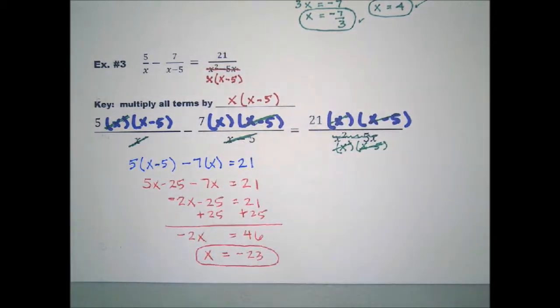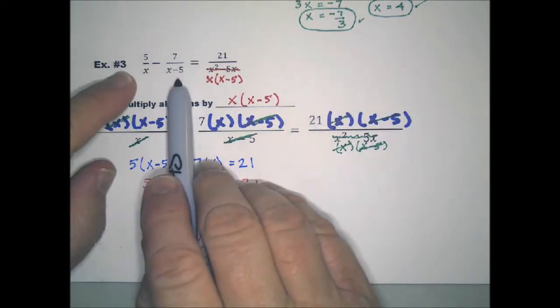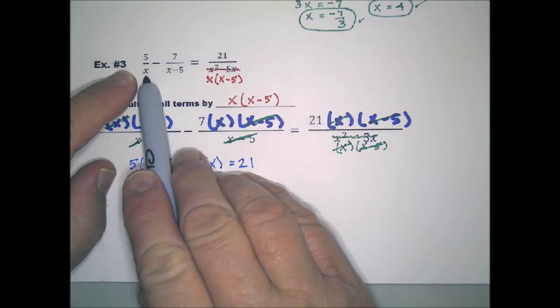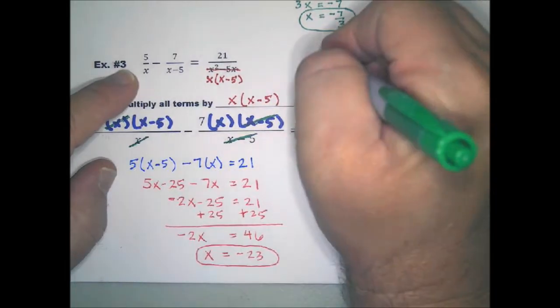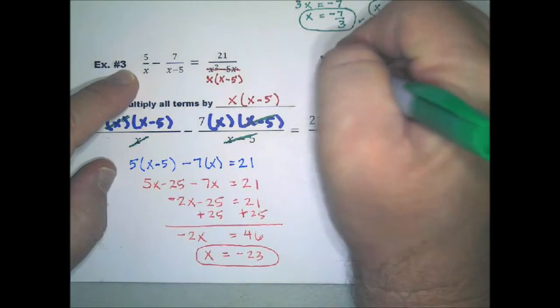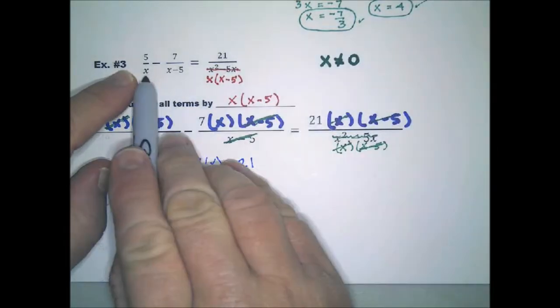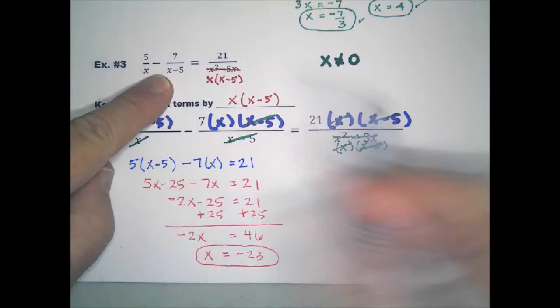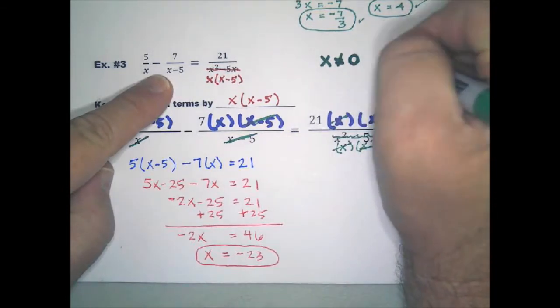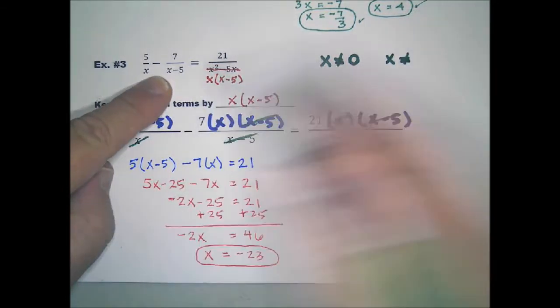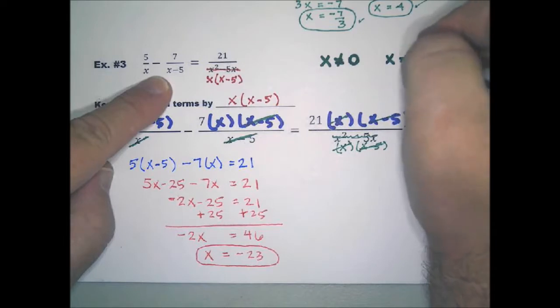Now, something we forgot, or something I forgot, is the restricted values. If I look at my denominators, go back to the original problem. On the first fraction, we learned x cannot equal 0. On the second fraction, we learn x cannot equal positive 5.